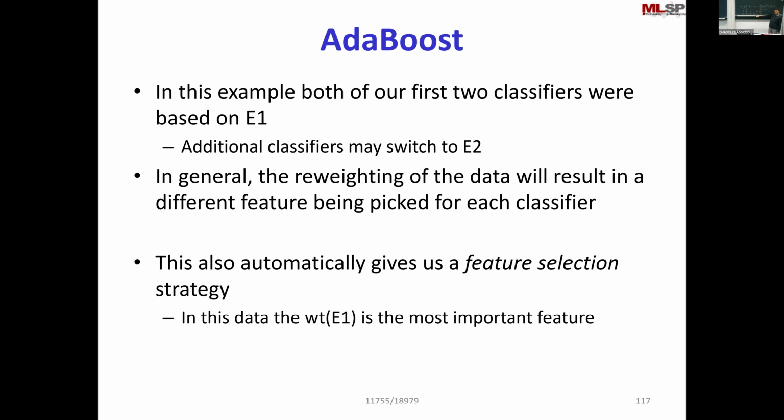Then this actually tells me the importance of the features. If I sum up the weights of all the classifiers that chose F2, that's going to tell me how important F2 was in the entire decision process. If I sum up the weights of all the classifiers that chose F1, that's going to tell me how important F1 was for the whole decision process. And so it gives you a feature selection strategy as well in the process, a feature importance strategy, right?